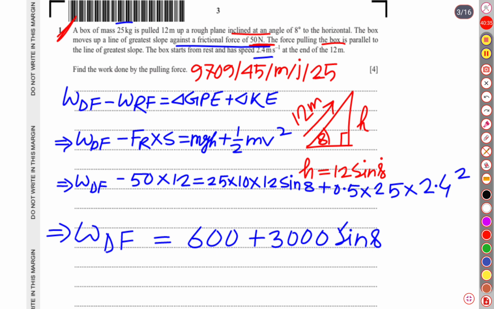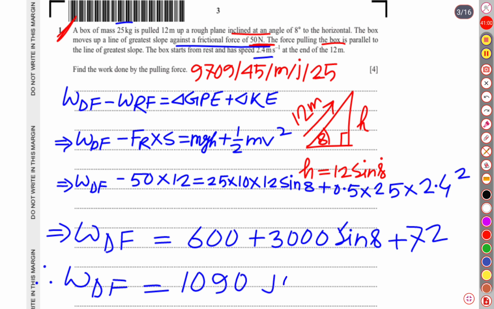Then if we calculate, 12.5 into 2.4 squared is 72. Hence our work done by driving force, after rounding to three significant figures, is going to be 1090 joules. That is the answer to this question.